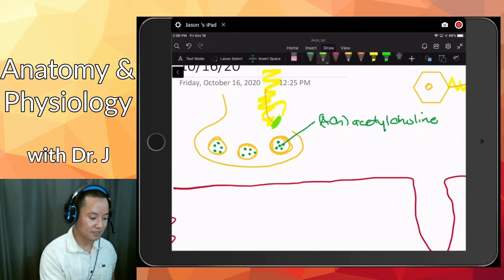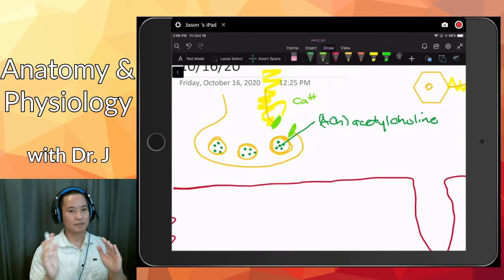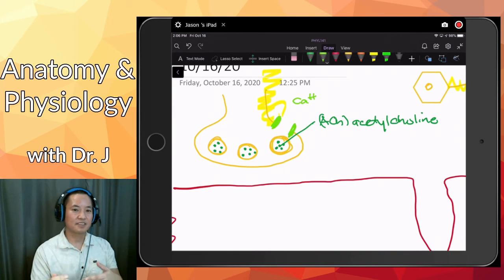Now, this is a special type of ion channel. This is an ion channel that allows calcium to flow. Remember, this is why I bring up that previous slide. In a cell at rest, there's more calcium on the outside of a cell than on the inside.